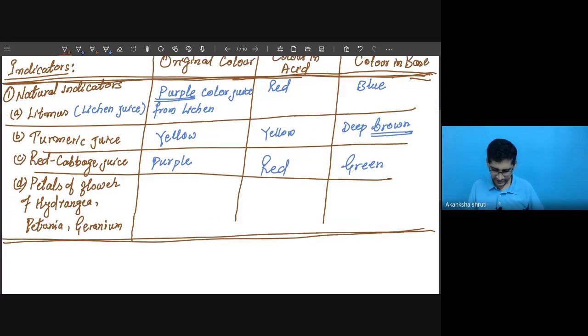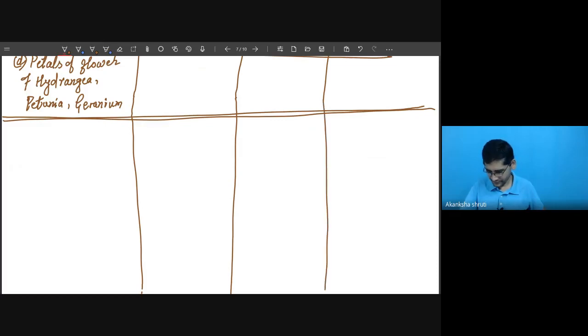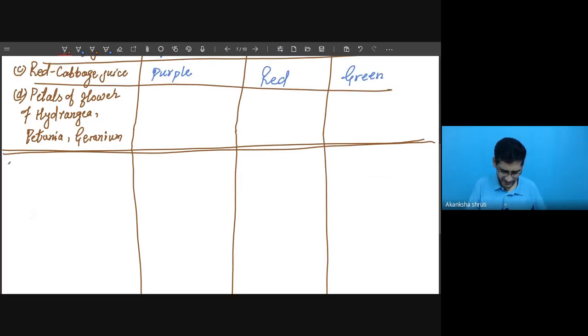Now let me go to the other category. The other category that we are going to take is category 2, artificial. In artificial, the very first important one is the litmus paper itself.